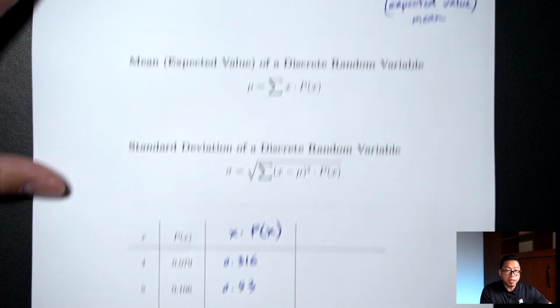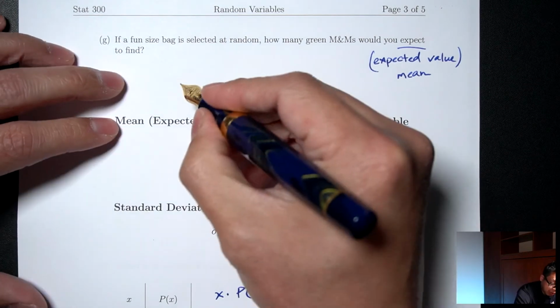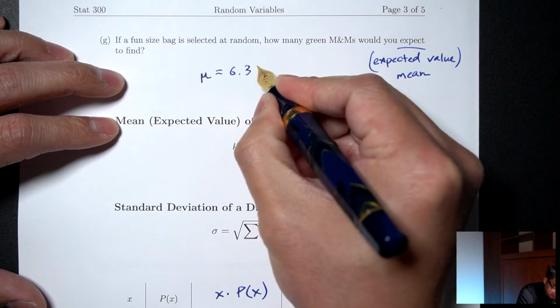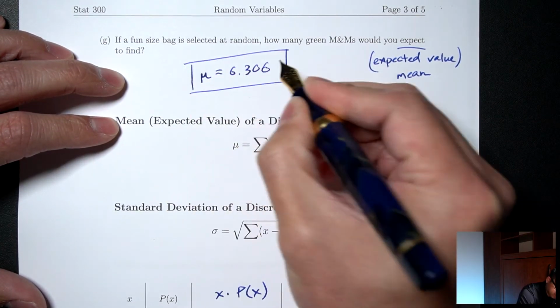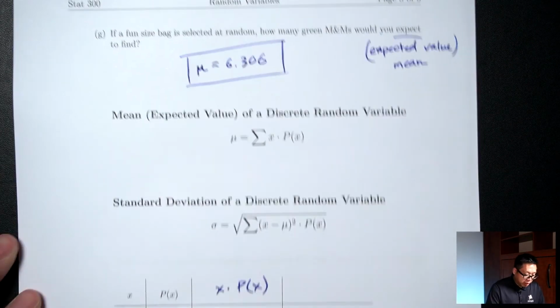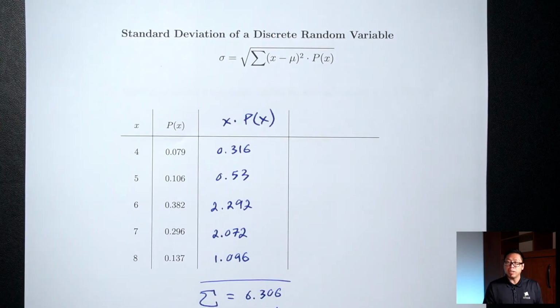So back to part G. It's asking for the expected value. It's asking for the mean. We found the mean was 6.306. What's the interpretation here? The situation is we're taking a bag of M&Ms, opening it and counting how many green M&Ms.